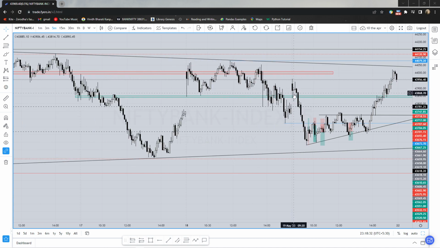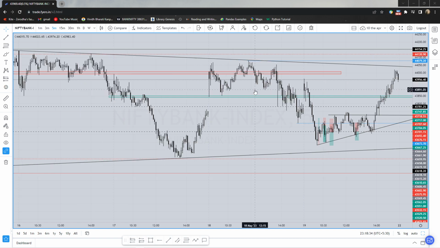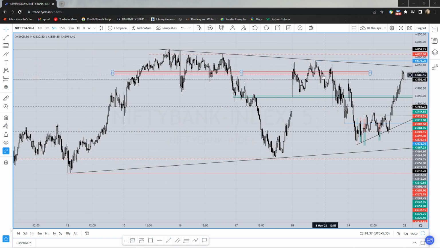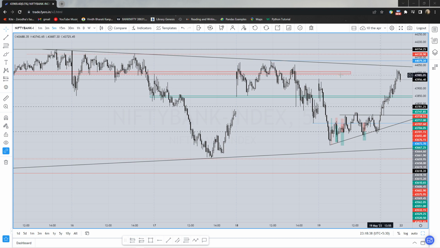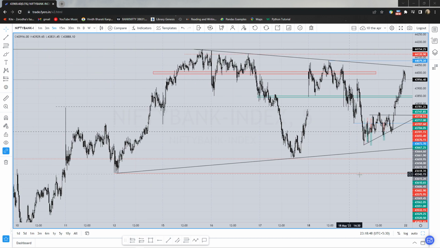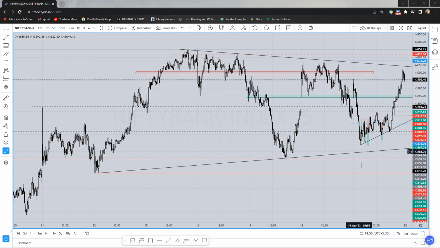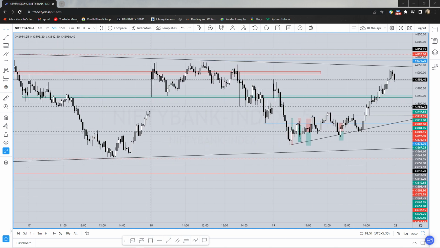But I should be more thoughtful of the fact that if the market is unable to sustain above the supply zone, then it will move towards the demand zone, especially when it's stuck in a sideways environment.